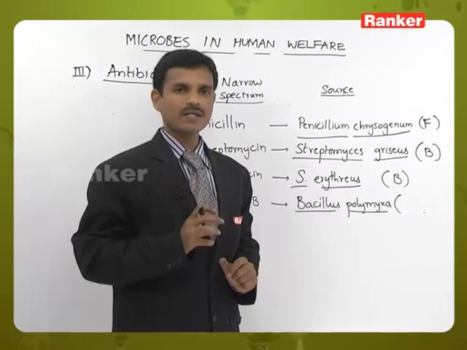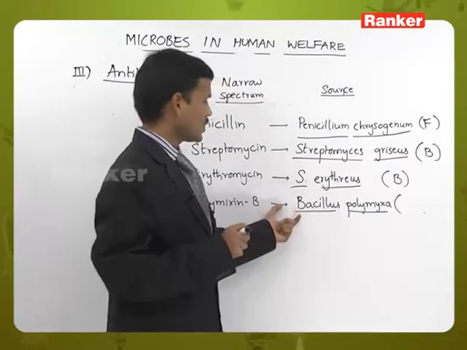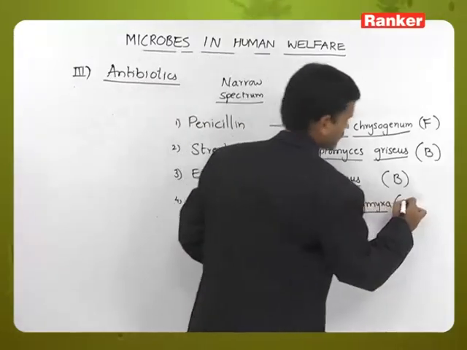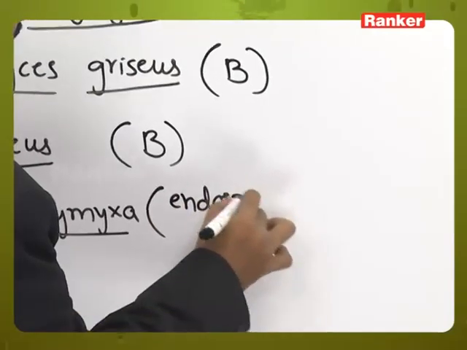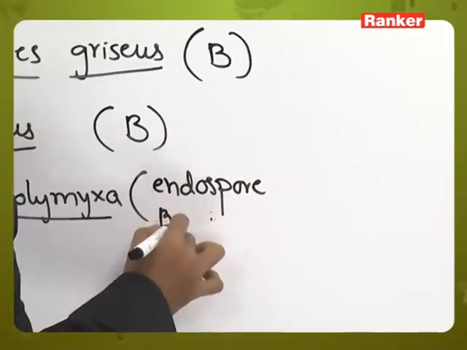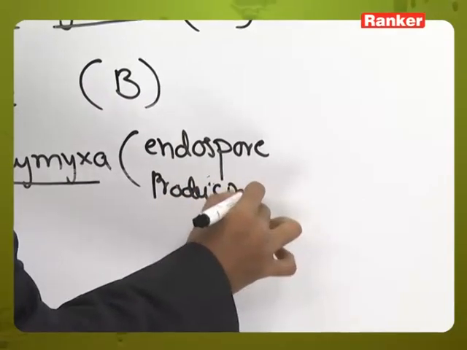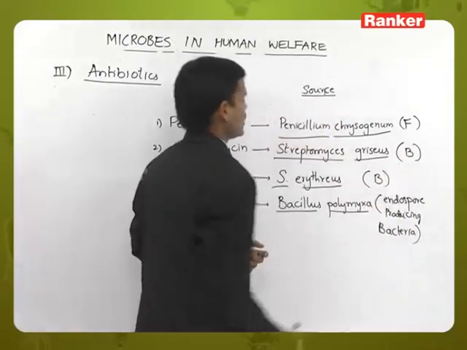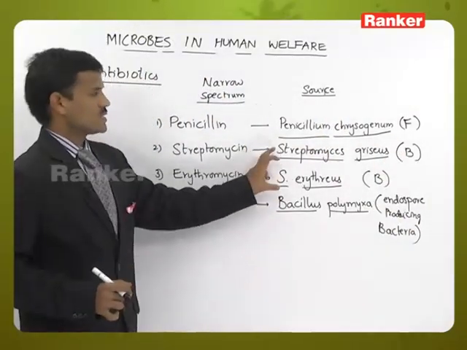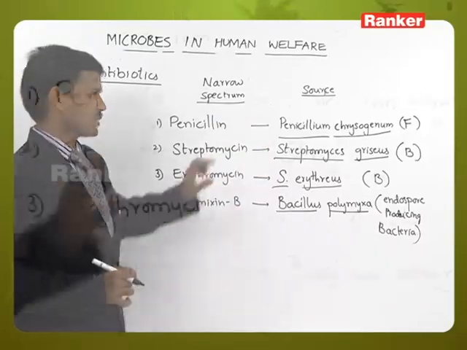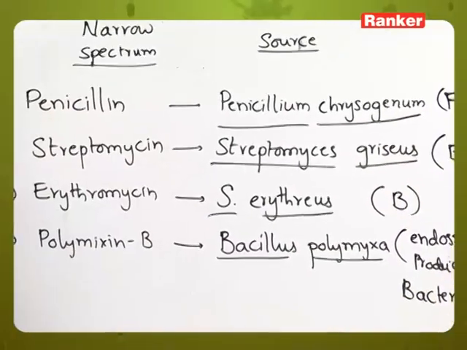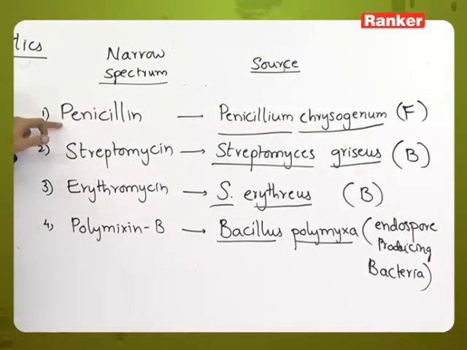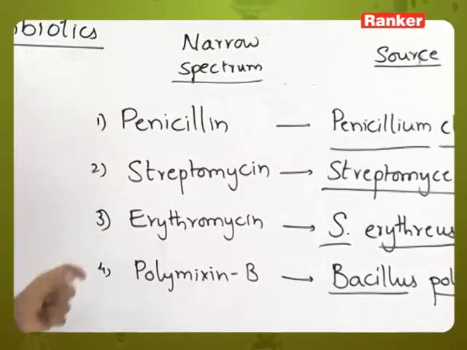In some bacteria endospores are formed, so Bacillus polymyxa is an endospore producing bacterium. Streptomyces species are actinomycetes bacteria. Penicillium is a fungus. Penicillin, the first antibiotic, was first discovered by Alexander Fleming.